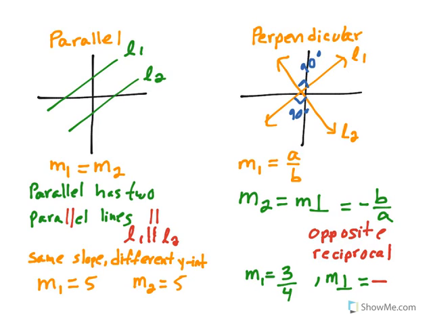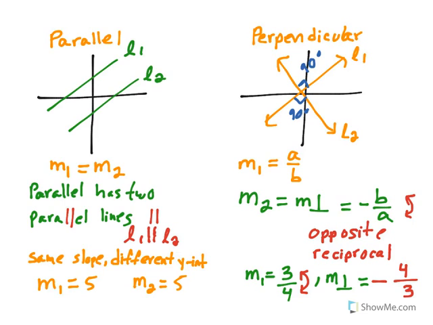And it's not just negative, but it's the opposite reciprocal. So because it's 3 over 4, my new slope is 4 over 3. I literally flip these things, because it's the opposite reciprocal. So I have to flip like I did over here. I need to flip my A over B.